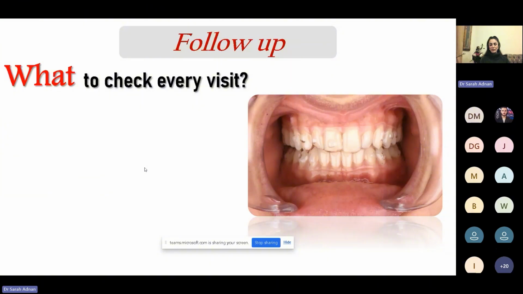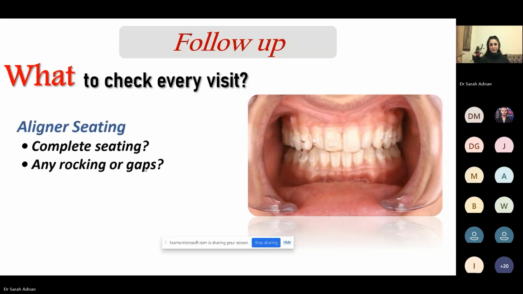So, what to check every visit? First thing to check is aligner seating. Complete seating of the aligner is essential. The aligner should fit the tooth typically. No gaps, no rocking between the aligner and the tooth.